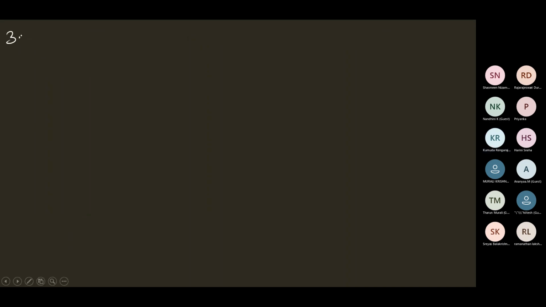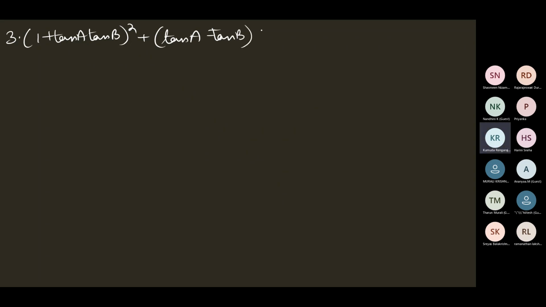So the identity is (1 plus tan A tan B) the whole square plus (tan A minus tan B) the whole square is equal to secant square A into secant square B.